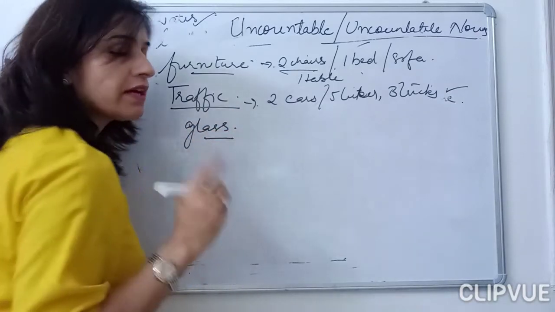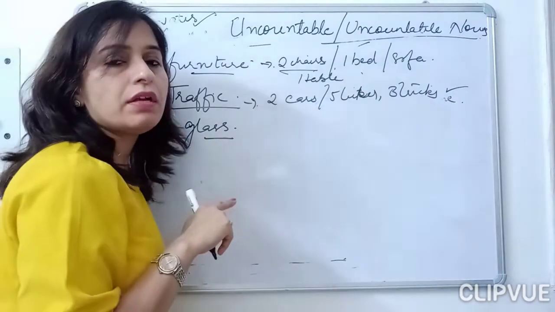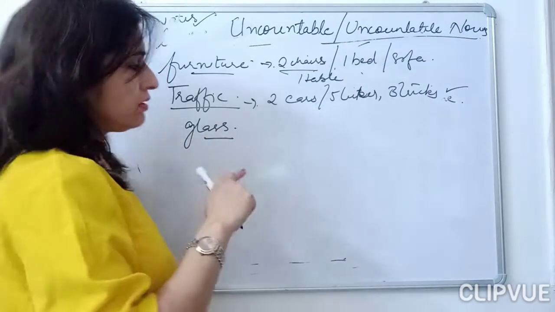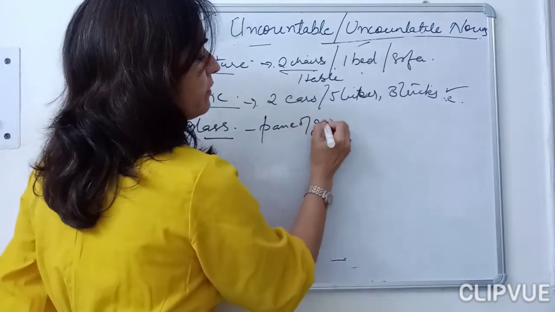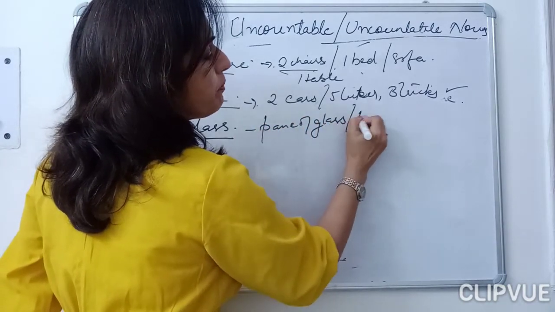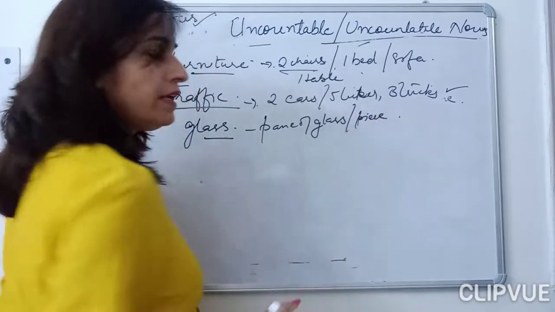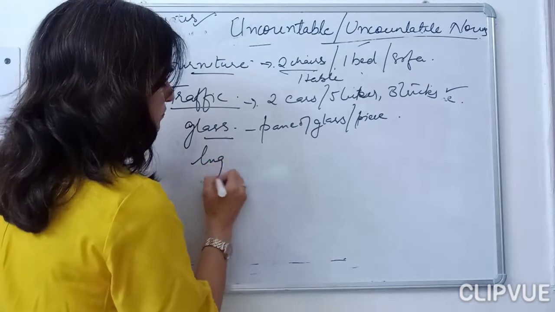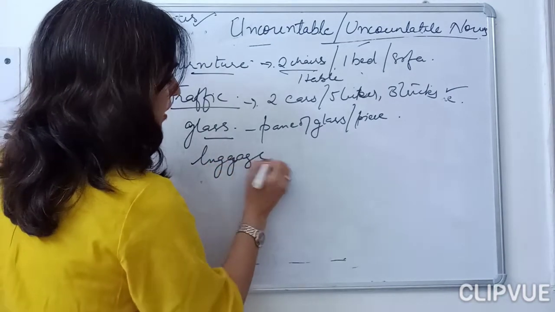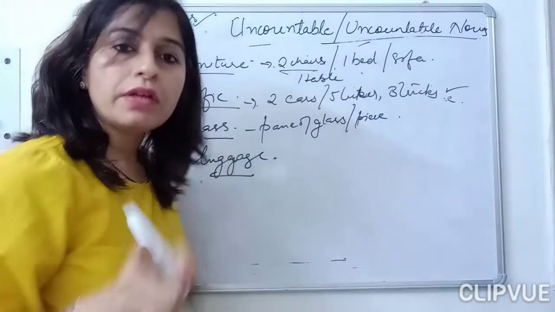Glass is again a material noun, children. It is an uncountable noun. But when we talk about a pane of glass, or a piece of glass, then it becomes my countable noun. Luggage, now luggage again is an uncountable noun.